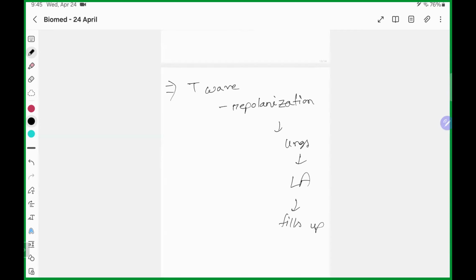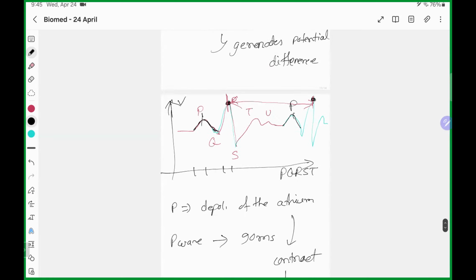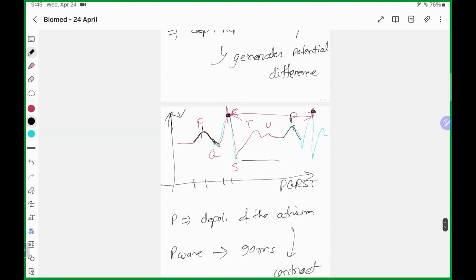The left atria fills up. That process actually refers to the T wave. That is the repolarization. So after this QRS, this process is actually your repolarization step. First you have the T wave.